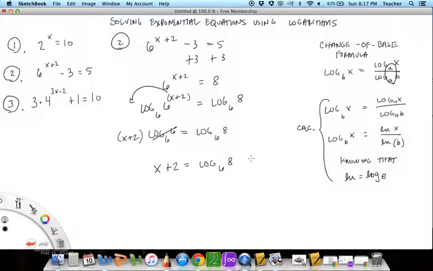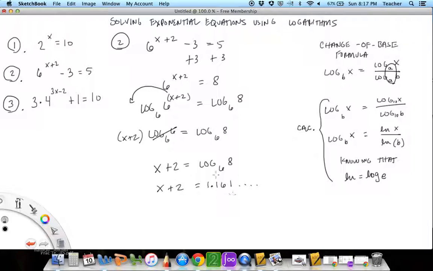Now I'm going to do all this work on my calculator. I'm going to first find out what log base 6 of 8 equals. So I press log 8 divided by log 6, and you get something that looks similar to this on your calculator. x plus 2 equals 1.16, let's say, 1 dot dot dot.